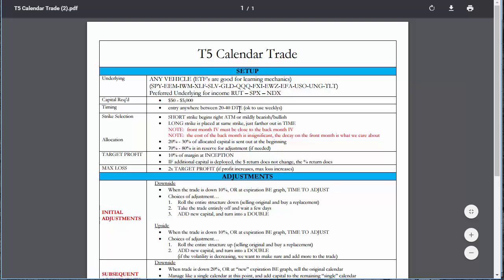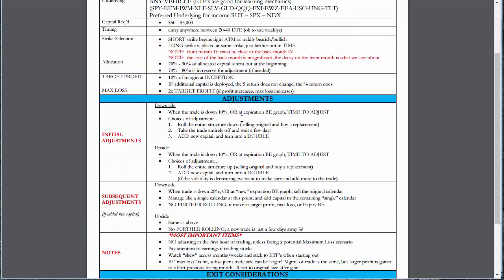If we have lower volatility, I'll enter closer. Higher, I'll enter farther. And I will keep the short strike pretty much right at the money, or a little bearish, a little bullish. Place the long strike the next month out. All right. And we'll just target 10% of margin, and I will make the max loss 2 times of that.